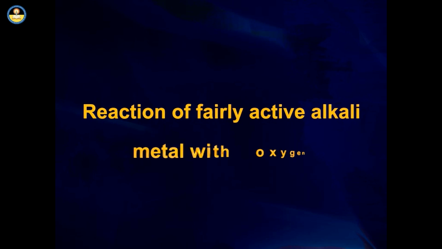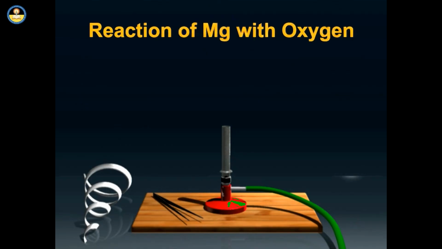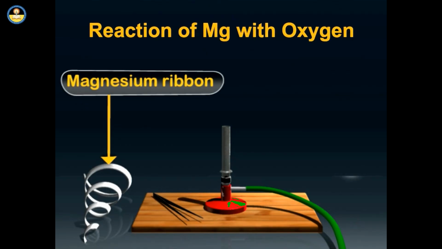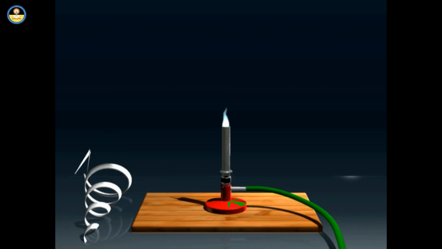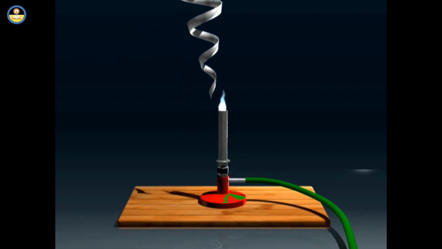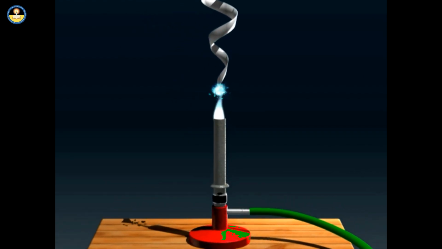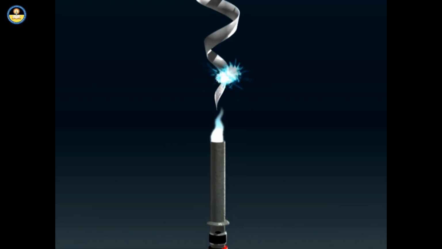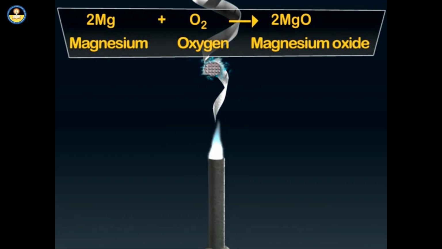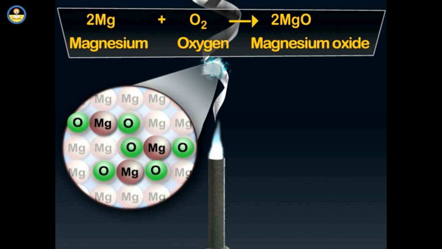Reaction of fairly active alkaline earth metal with oxygen. Let us now learn about the reaction of magnesium with oxygen. Magnesium reacts with oxygen to form magnesium oxide. Magnesium wire burns in oxygen with white dazzling light. This reaction occurs at high temperature, and that too in excess of oxygen.